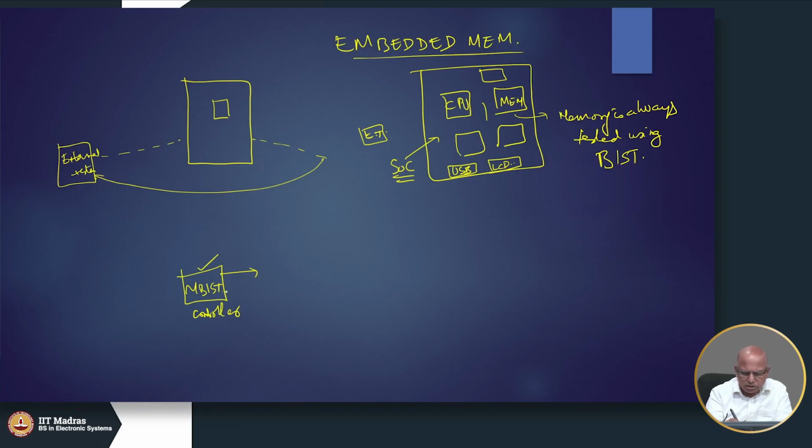Similarly, the memory BIST will also provide the data. Are we writing ones? Are we writing zeros? So data. Similarly, it will take the data back from the memory, whatever is coming in, and compare it with either 0 or 1. So address, data out, data in, right?